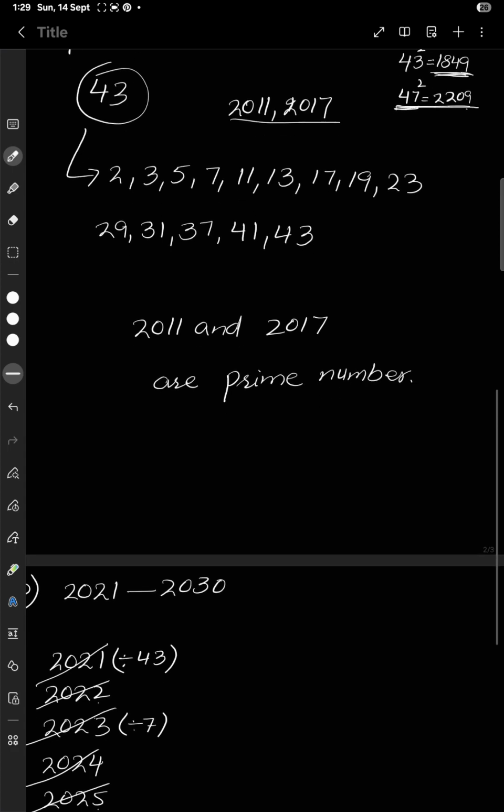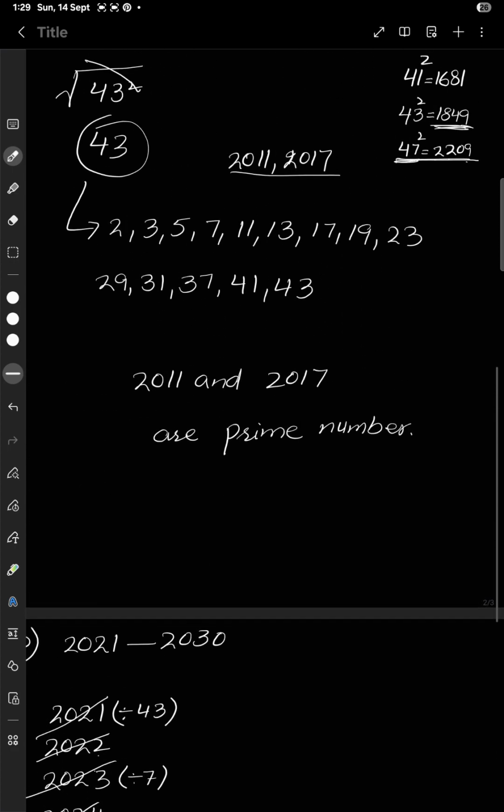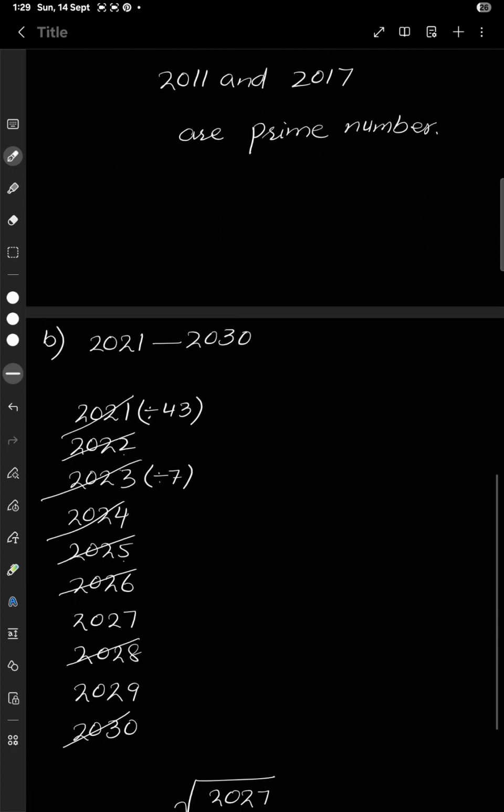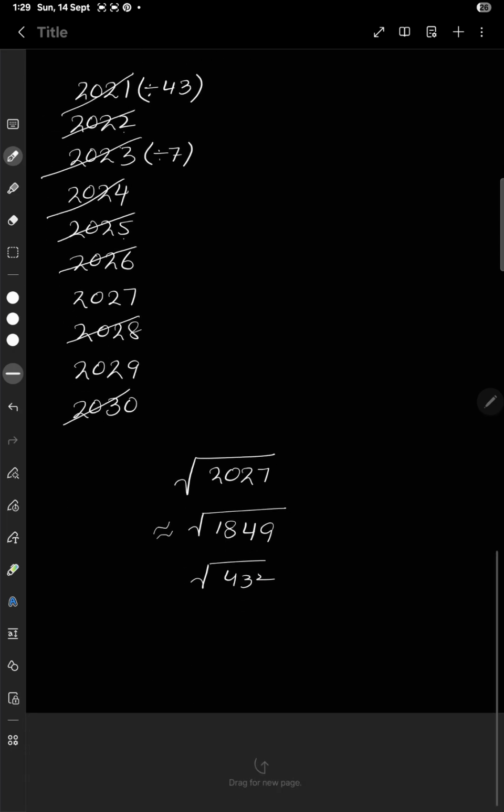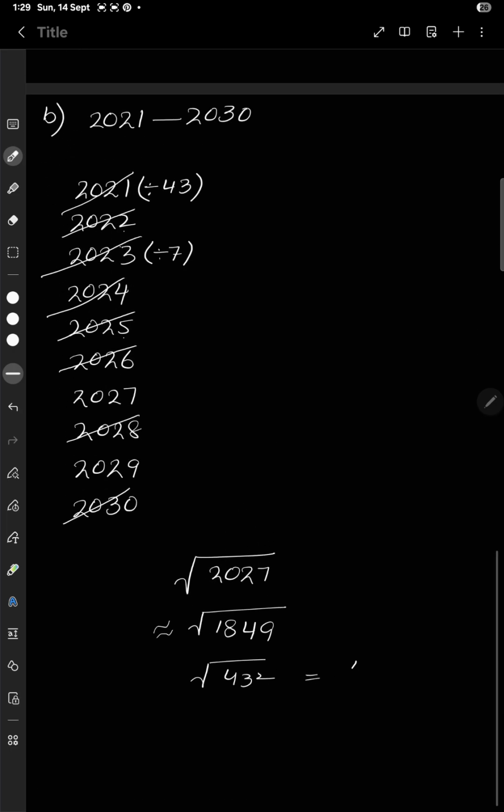So I am again using 43 squared, which is 1849. This number is very near to 1849, which is 43 squared, and my answer will be 43.